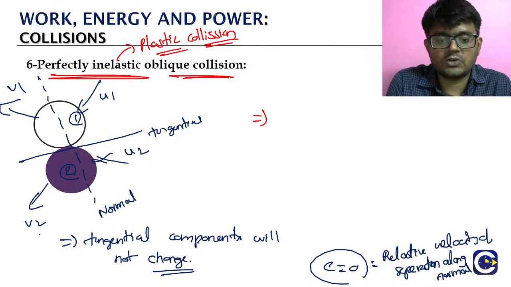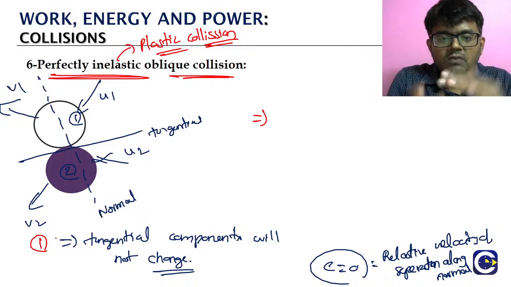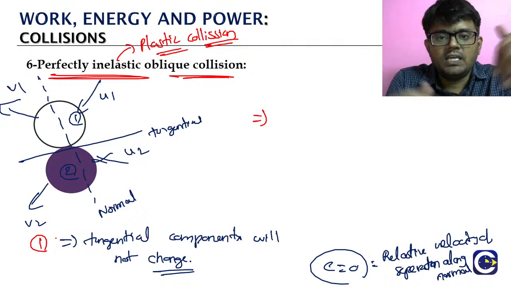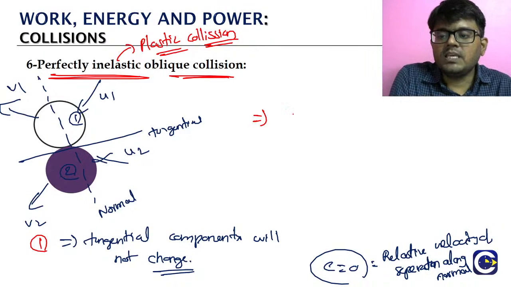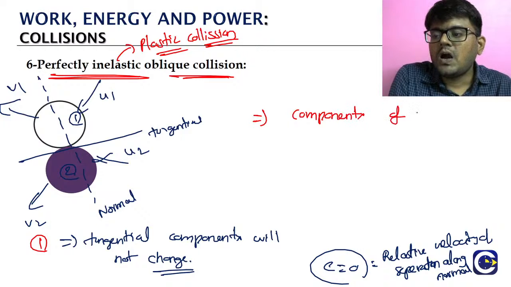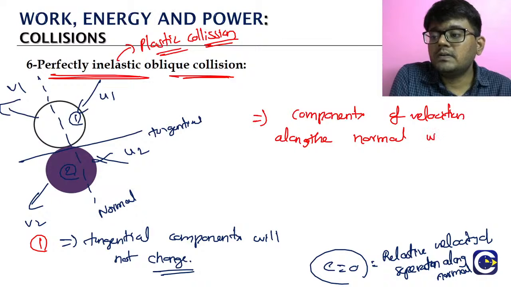The first conclusion we already have: whatever their original tangential velocity components are, they remain as they are and do not change. The second conclusion: the components of velocities along the normal will be equal for both particles.